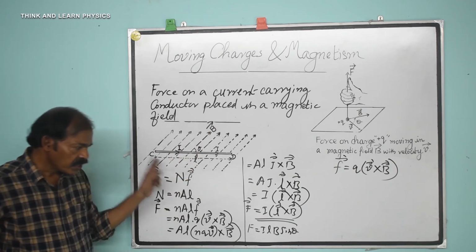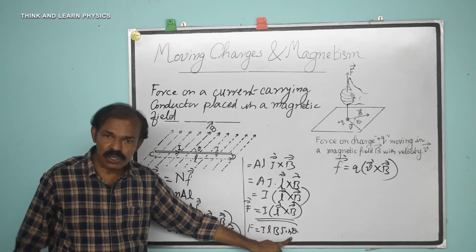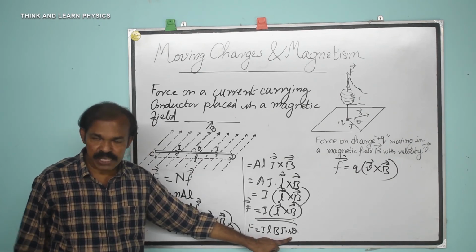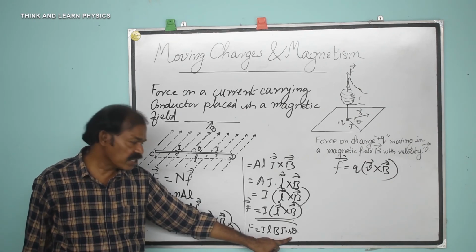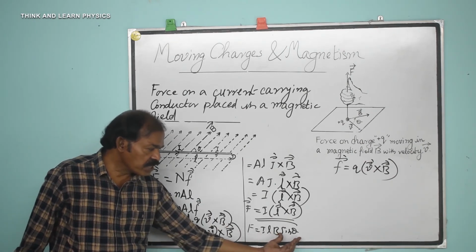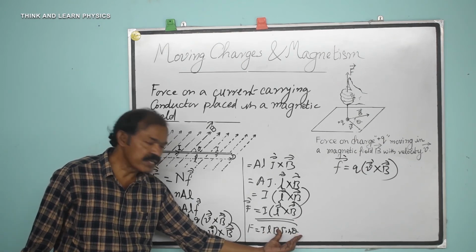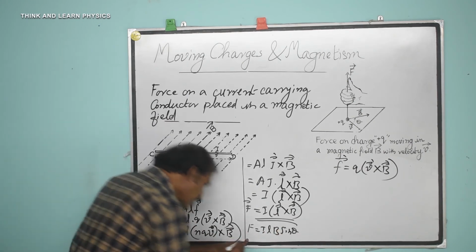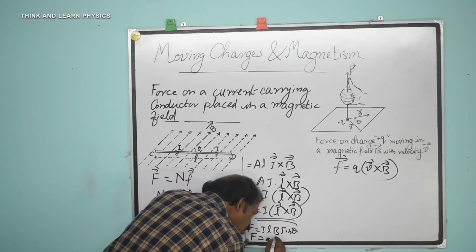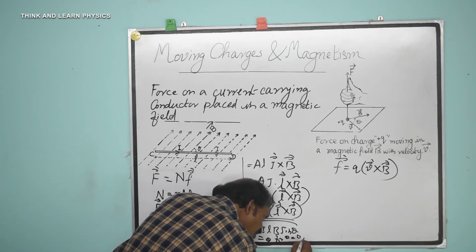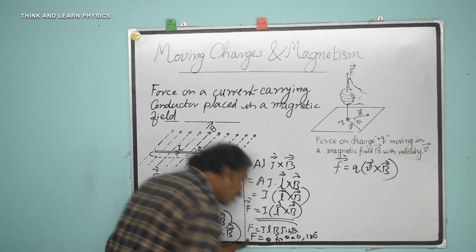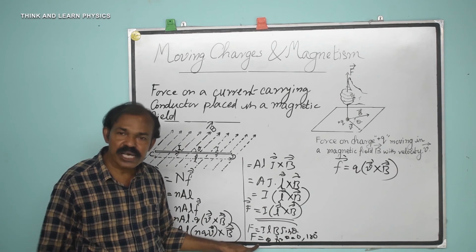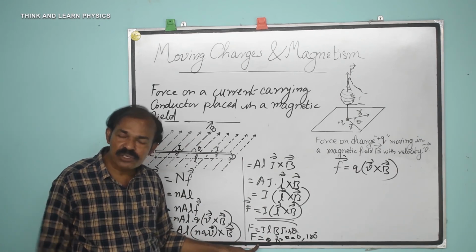If this angle is 0 or 180 degrees, that means if the conductor is placed parallel or anti-parallel to the magnetic field, then the value of the force becomes 0, because the sine value becomes 0 for 0 degrees and 180 degrees. Therefore, F equals 0 for theta equals 0 or 180 degrees. In both cases, the force acting on the conductor will be 0. That means no force acts on a conductor if it is placed parallel to a magnetic field.